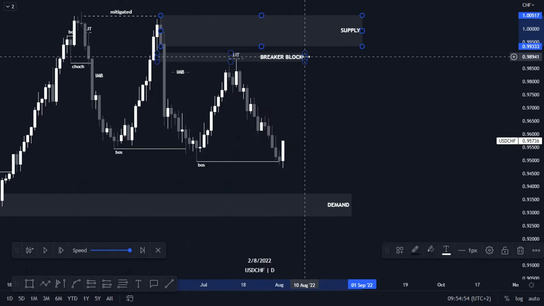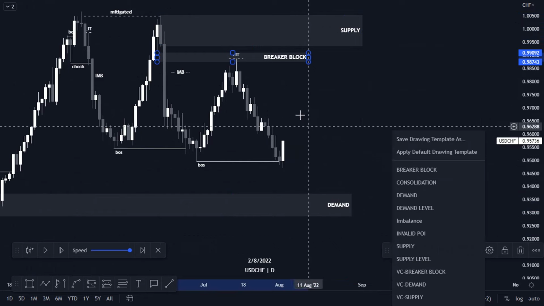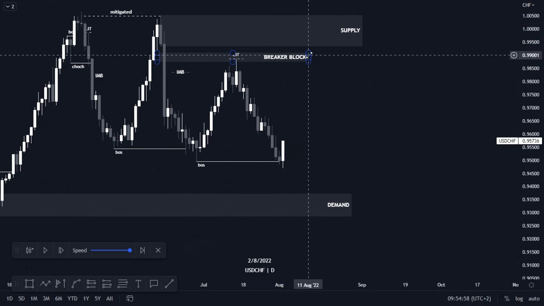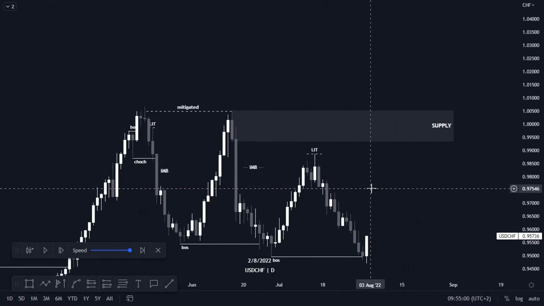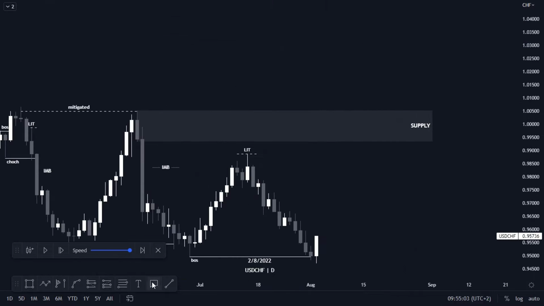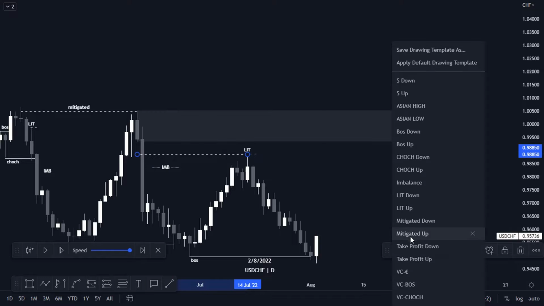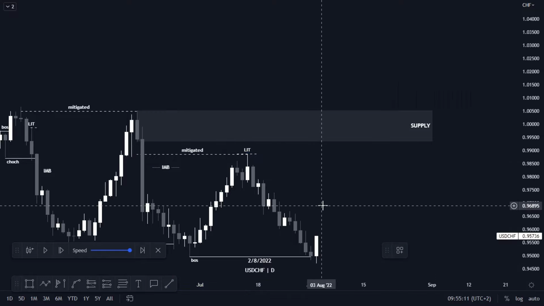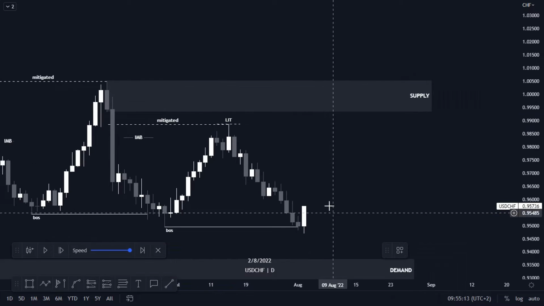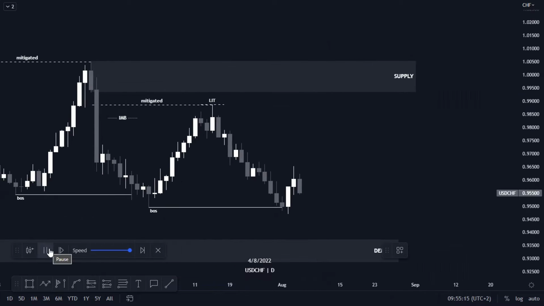This supply is still valid. This breaker block we can delete, and we can classify this as mitigated. Now let's see what the market does.